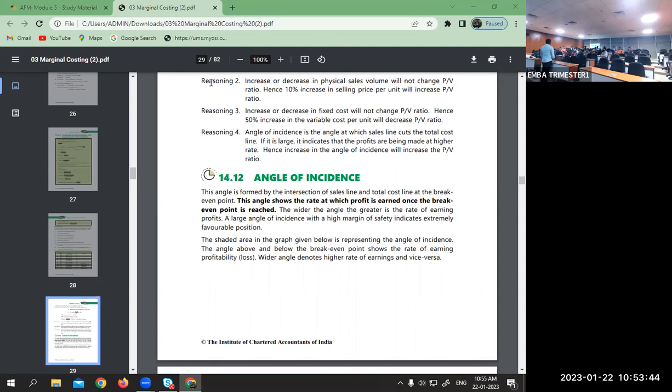Then journal. How to prepare a journal? For that, we have the double-entry bookkeeping system. We have the golden rules of accounting based on 3 rules: personal account rule, real account rule, nominal account rule. You have to make the journal. Format: date, particulars, ledger folio number, debit, credit. You have to make journal entries for transactions.